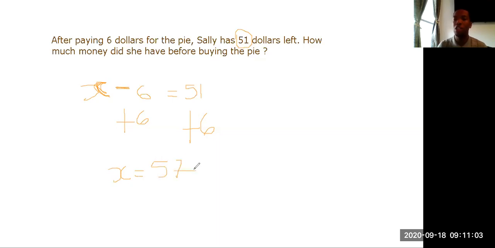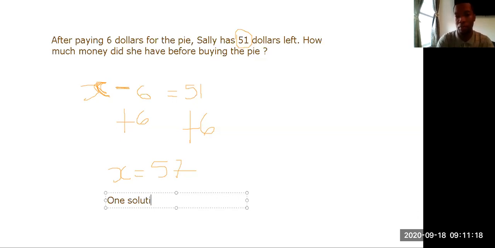We could say she went to the store with $57. This equation has one solution, because it's X equal to 57. That's how we're going to turn a word problem into an equation and then solve for it.